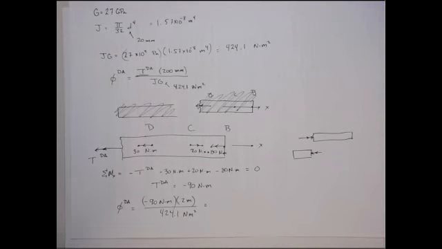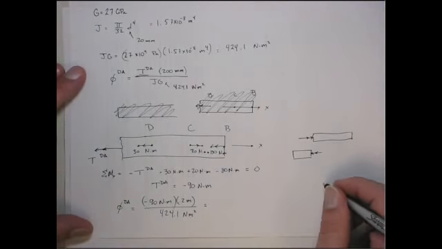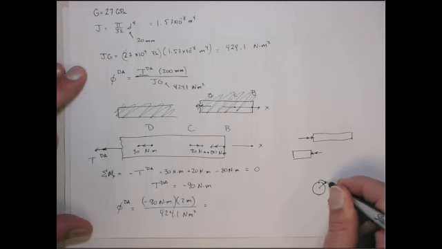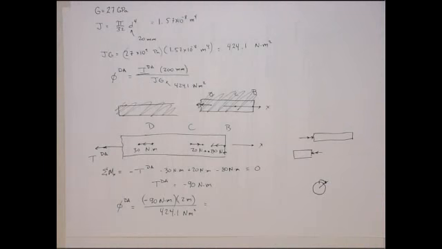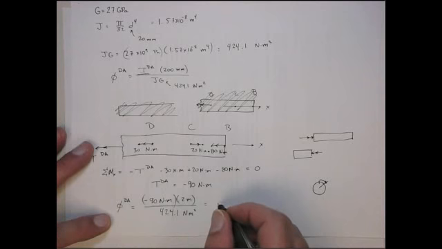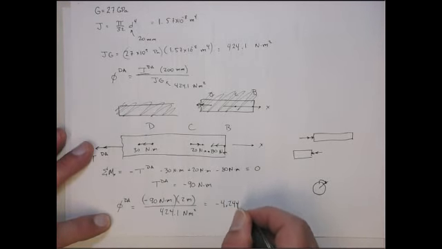All right, so if I look down the x-axis, the x-axis is coming out at me. It's going to rotate this amount. Let me just get the numbers. That comes out to be minus 4.244 times 10 to the minus second.